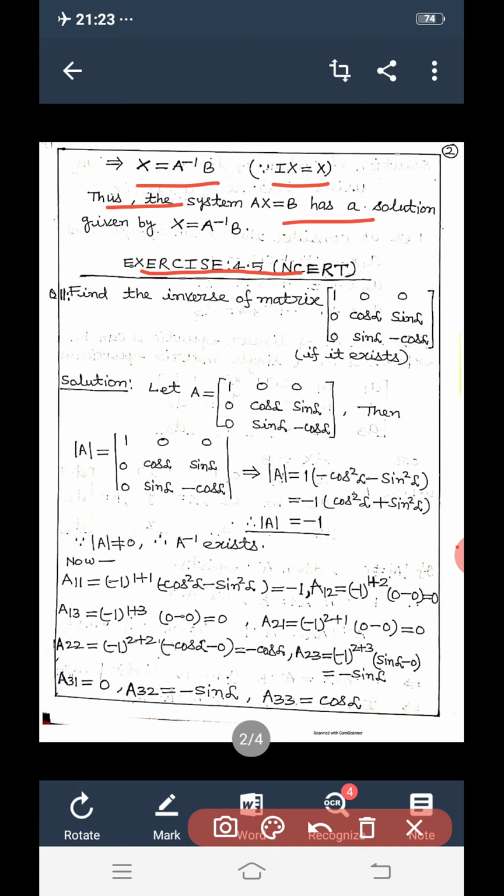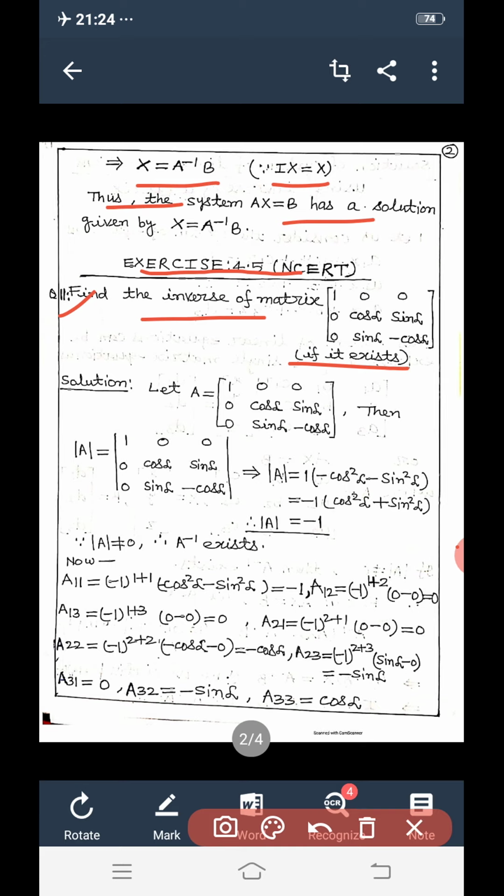Question number 11. Find the inverse of the matrix [1 0 0; 0 cos alpha sin alpha; 0 sin alpha minus cos alpha], if it exists. Dear students, here 'if it exists' means the value of determinant of A is not equal to 0.